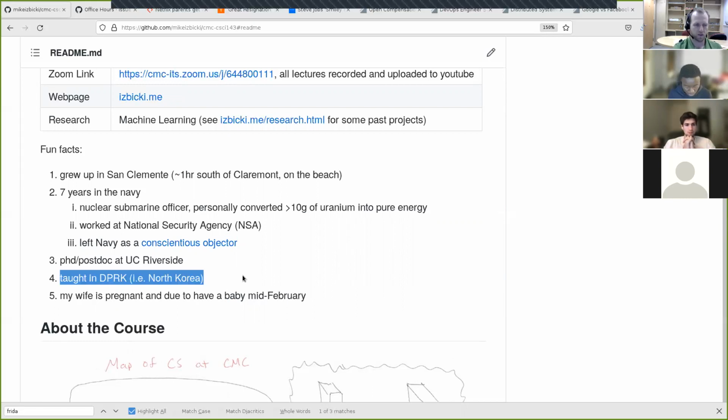This is also going to come up throughout this course in different ways. Some of the applications we'll be talking about are related directly to finding information about North Korea, which is relatively hard to find because of how secluded they are.